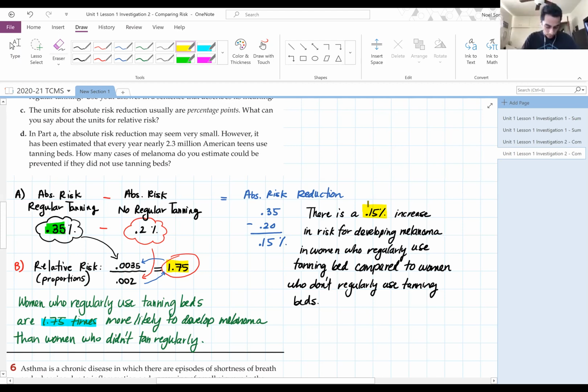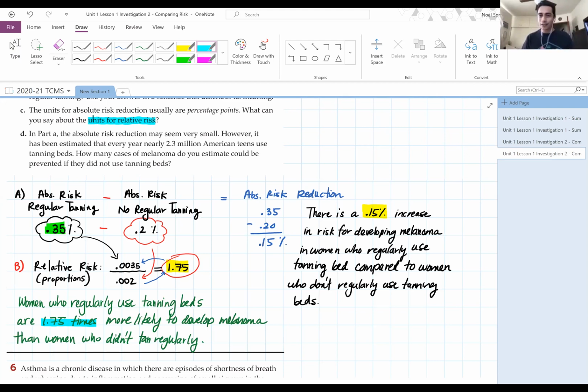And then it asks, what can you say about the units for relative risk? Well, we also discussed that just now. The units for relative risk should not be percentages. They should be just numbers, whether a number with a decimal attached, but we are not trying to convert the relative risk value into a percent because then it becomes slightly misleading. We talked about that last time with the 113% increase.